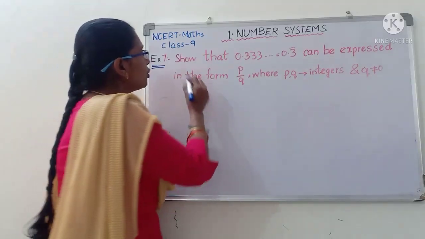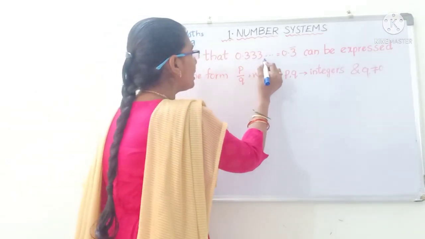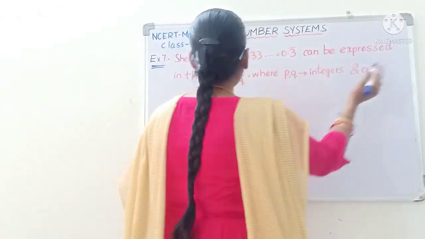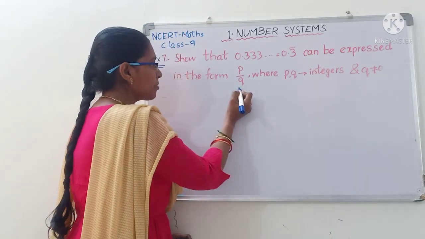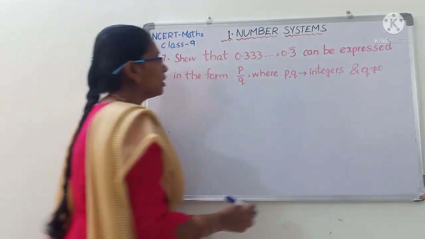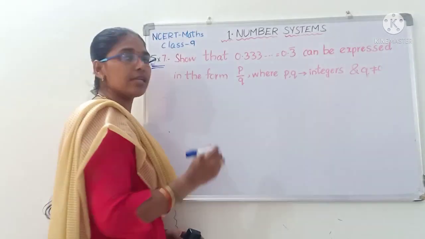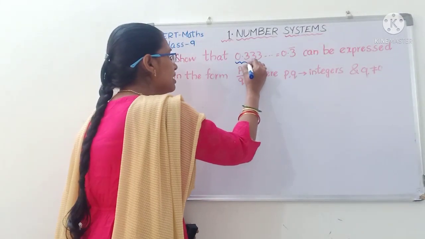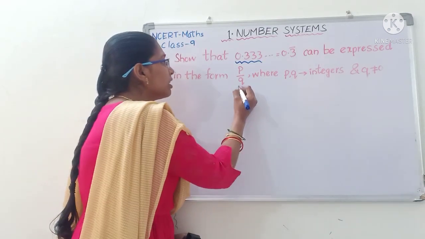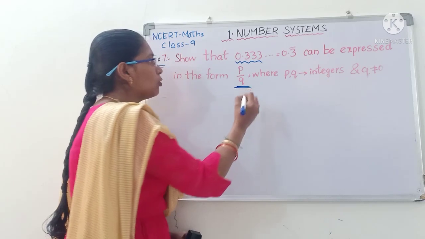Example 7, children. Show that 0.333 and so on, that is 0.3 bar, can be expressed in the form p by q, where p, q are integers and q not equal to 0. They are asking to express this decimal expansion 0.333 and so on in the form of p by q.